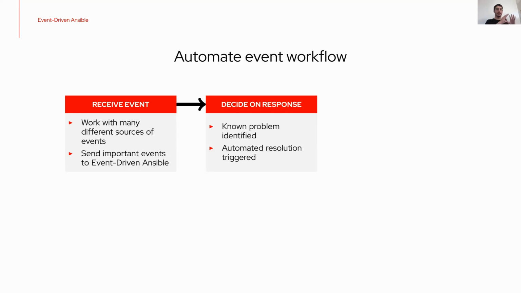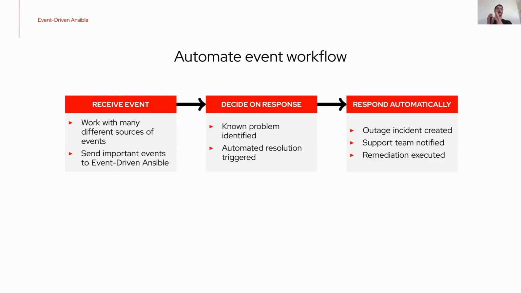And once an event gets received, there is a decision made based on the event structure or some specific fields that you have identified as valuable for this decision. And based on that decision, an automation gets triggered.